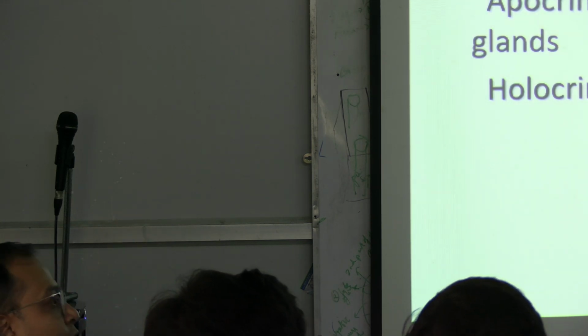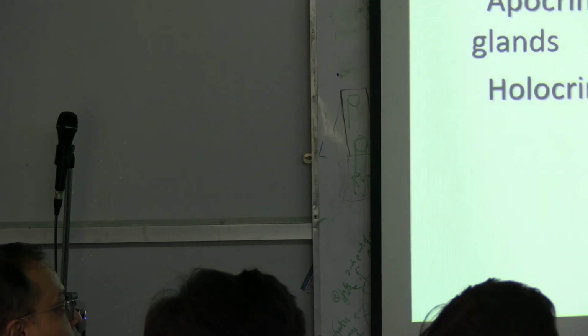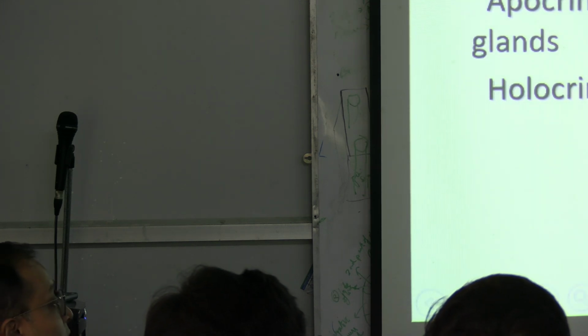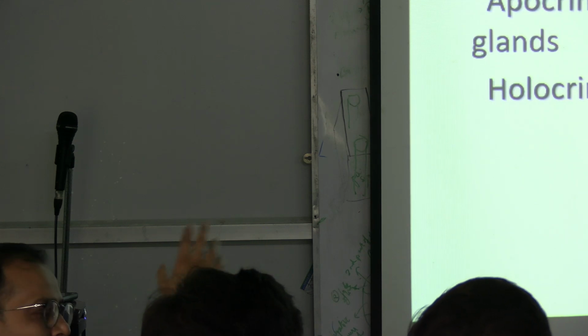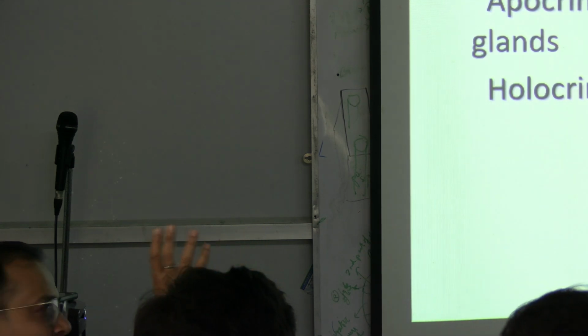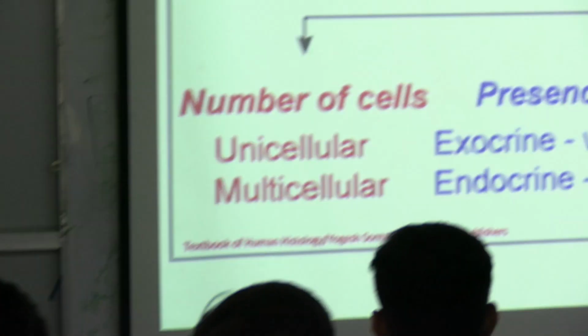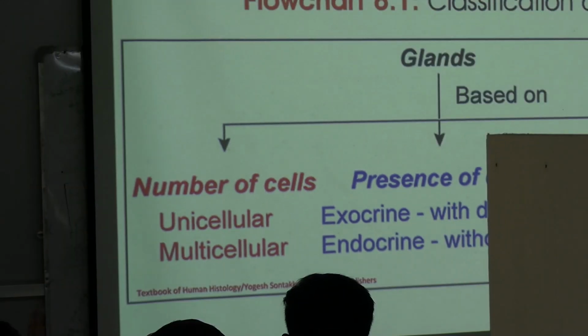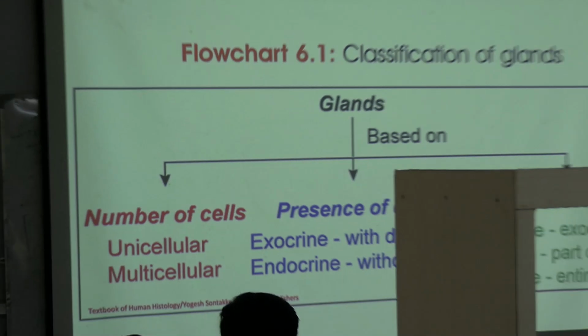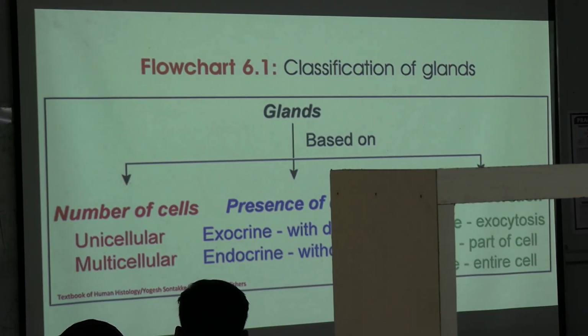If it is partially throwing this thing out, going through exocytosis, or if the entire cell is getting washed away, we learned this in 8 plus, 9 plus, 10 plus, but we are not going to talk about this classification because it makes no sense. Now, this is what we have to know about the basis of the glands. To summarize: number of cells we can classify, presence of the duct, and manner of secretion. This is what we know so far.